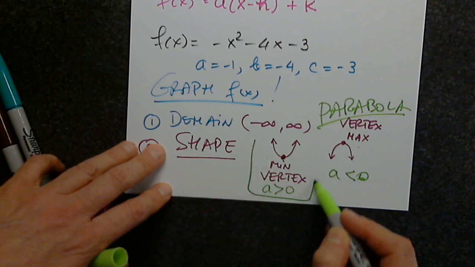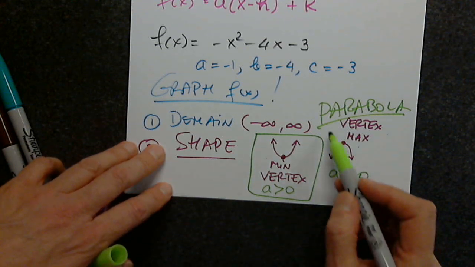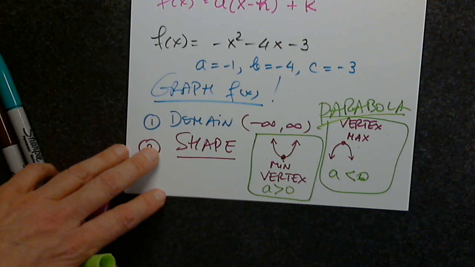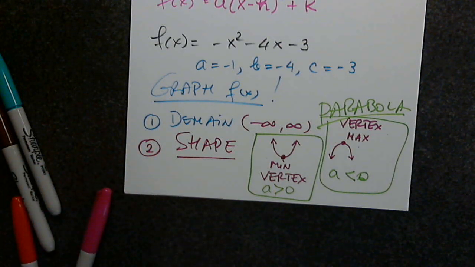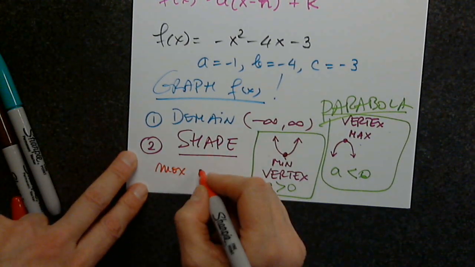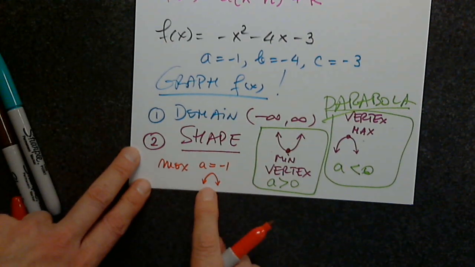So this is the case for a leading coefficient that is positive, and this is the case for a leading coefficient that is negative. Can anyone tell us in this particular instant, for this function that we are looking at, is the shape going to be opening upward or downward? Very good. So the parabola in our case has a maximum because a is -1, and when we graph, it will look like this.